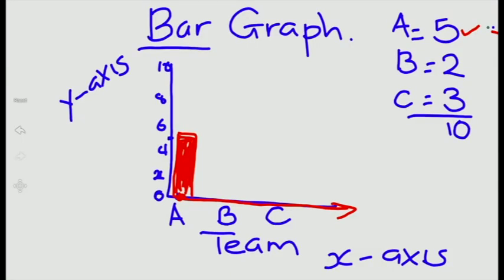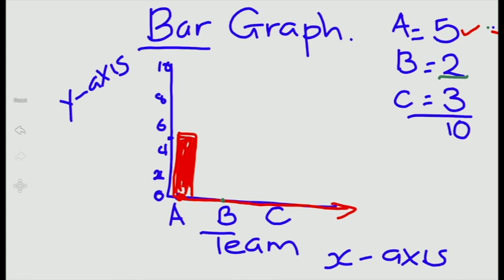Let's move on to the second team, which is Pirates. You go there and find out how many pupils like Pirates. There are only 2. You come to where you've plotted your teams. That's our B in the x-axis.